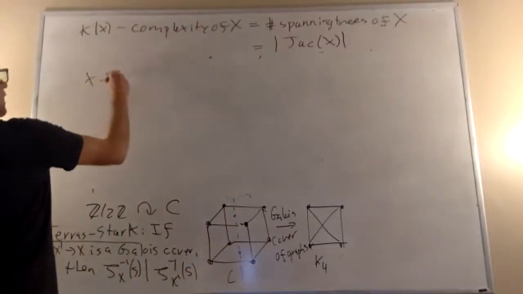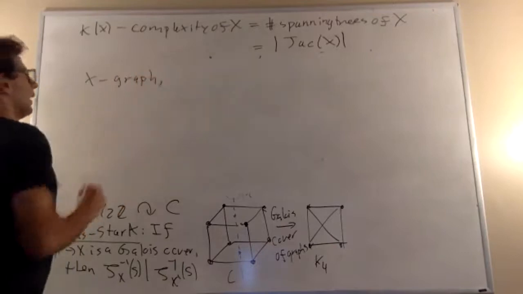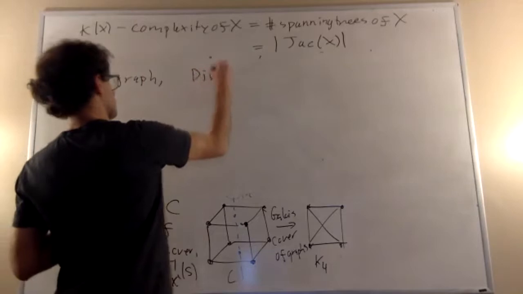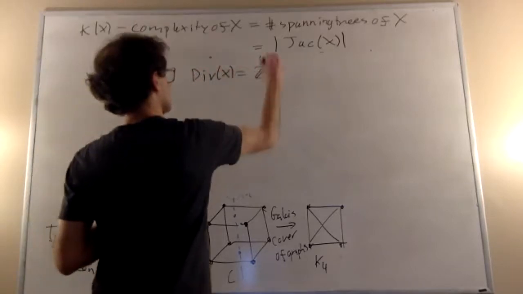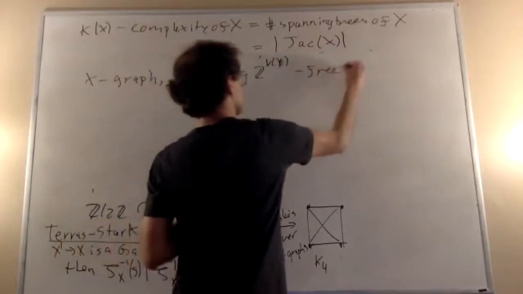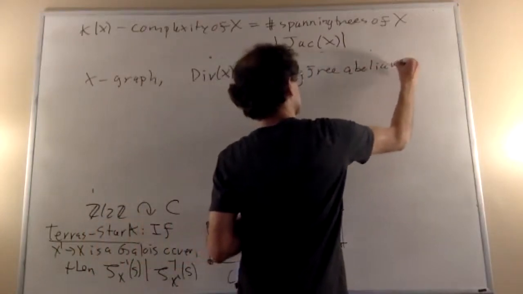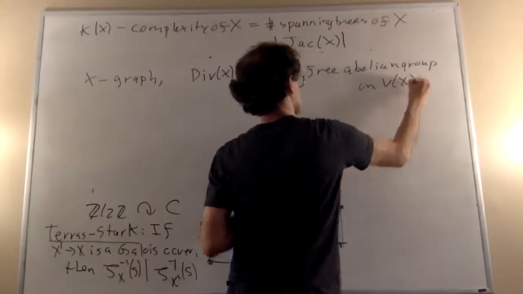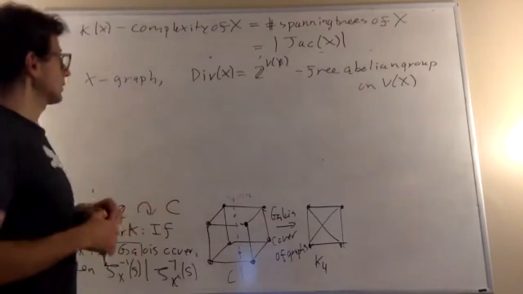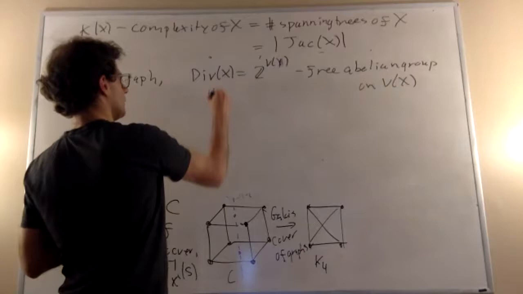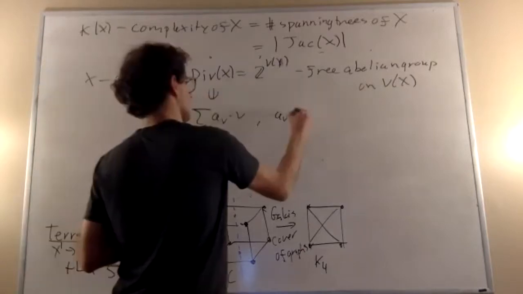So if X is a graph, then I can look at the free abelian group on the vertices of the graph. This is called the divisor group of X, Z to the V of X. This is the free abelian group on the vertices of X. So an element here is just a formal linear combination of the vertices, where the coefficients are integers.